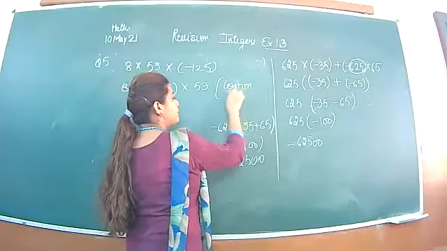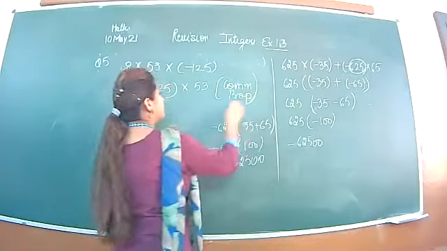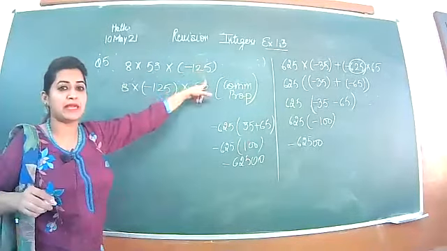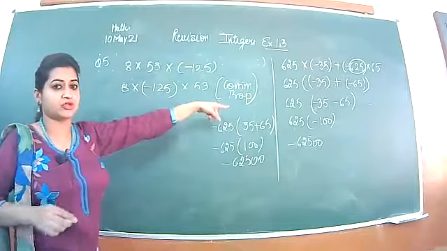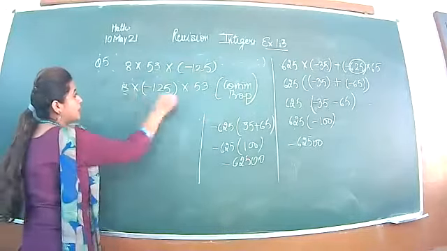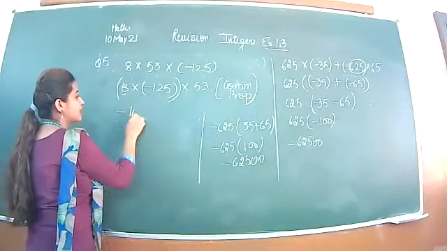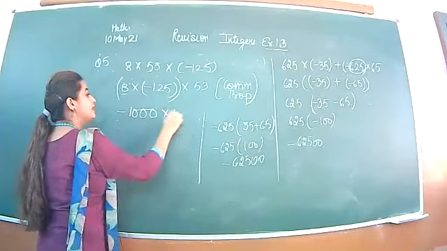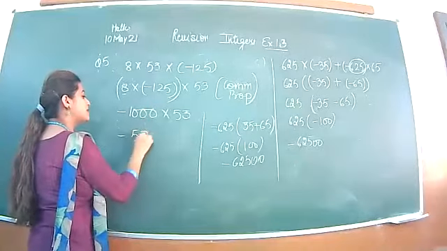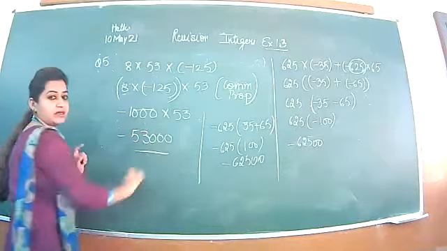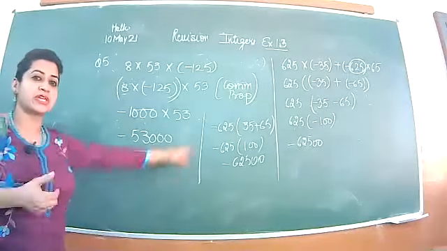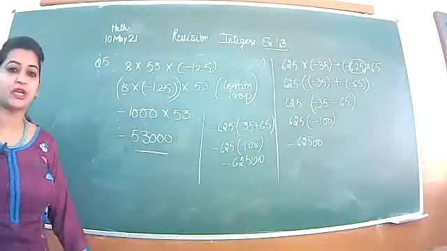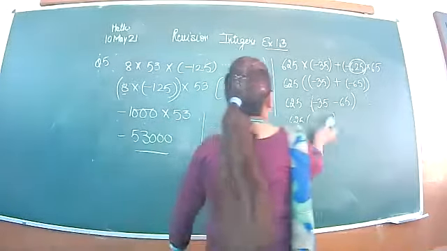Commutative property of multiplication. A multiplied by B, B multiplied by A. So this is commutative property. Now multiply these two terms, they will give you minus 1000 into 53, that is minus 53,000. So the property used here is commutative property of multiplication.